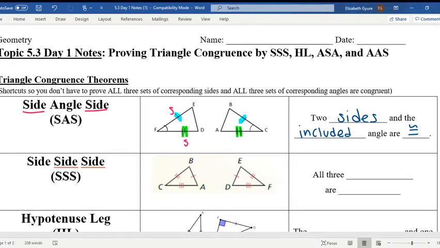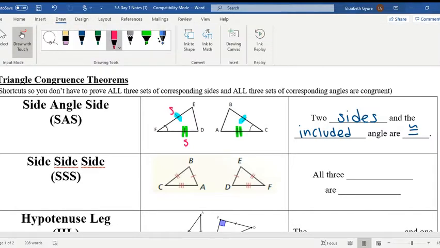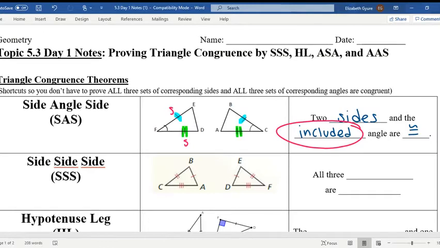Now we just need an angle. The trick with this is the angle can't just be any old angle. You'll notice here that it says the included angle. Does anyone think they might know what that means? You can look at your picture and see if you can tell. What do you think an included angle is, or where does it need to be in your picture?